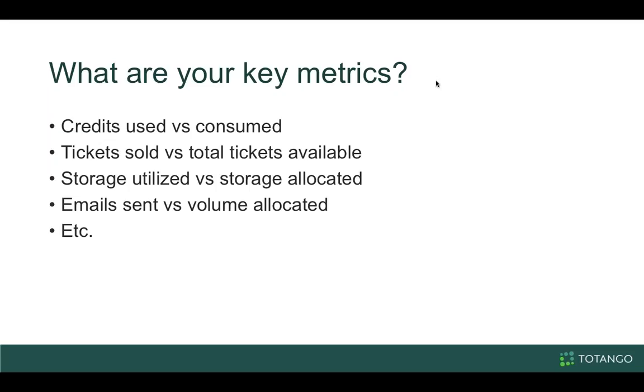If we have the metrics that you're sending to us with those specific numbers, we can easily compute those thresholds. Another one is emails sent versus volume allocated. How many emails can a customer send versus how many did they send? Are they getting closer to their capacity? Do we need to sell them more volume? These are all very good ways to identify potential upsell opportunities, and again, also identify risk.